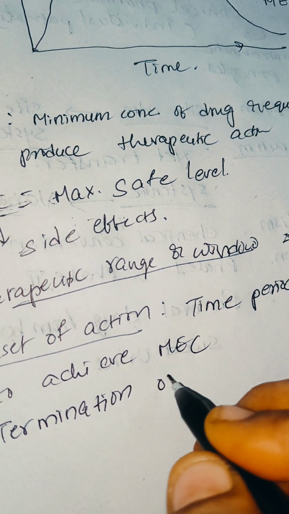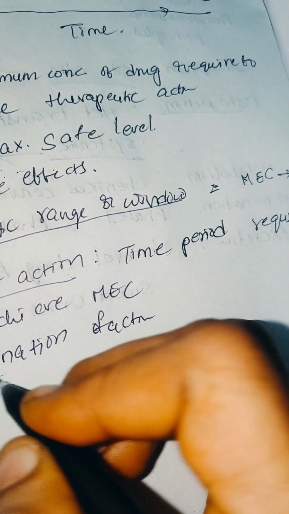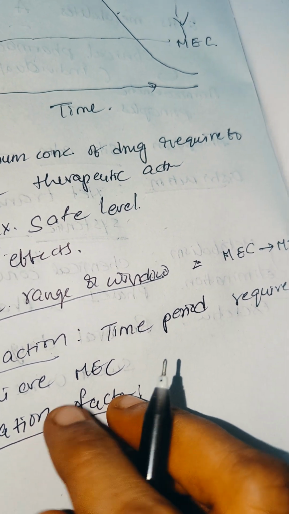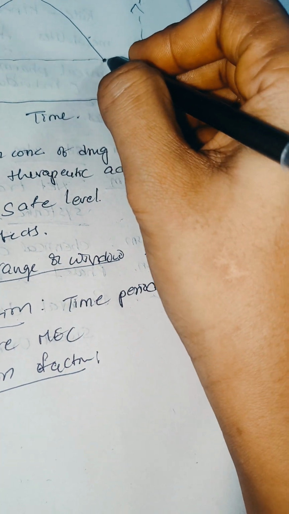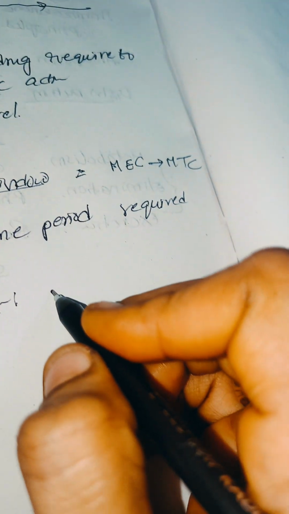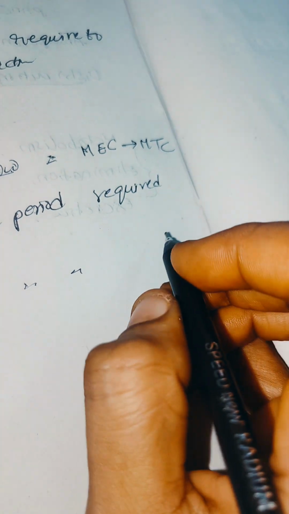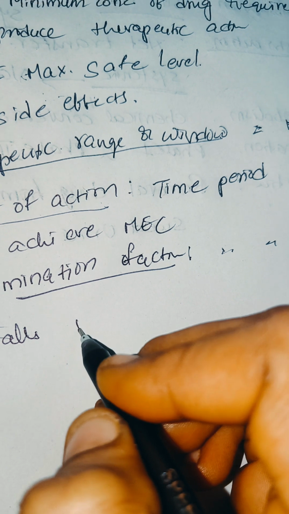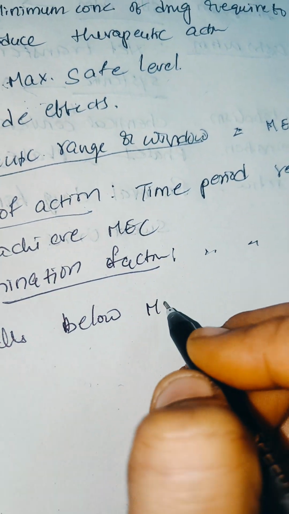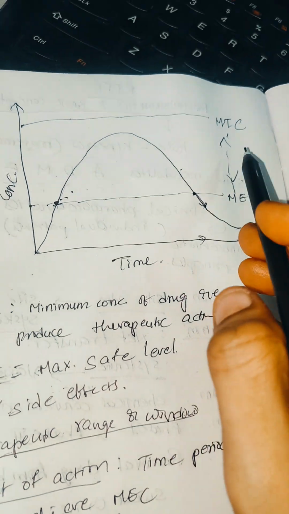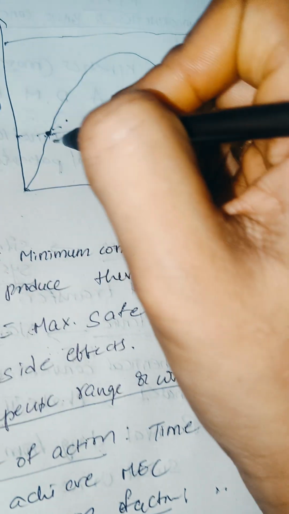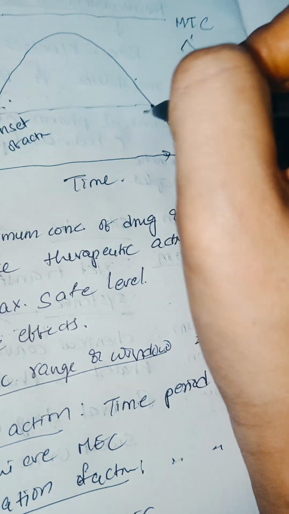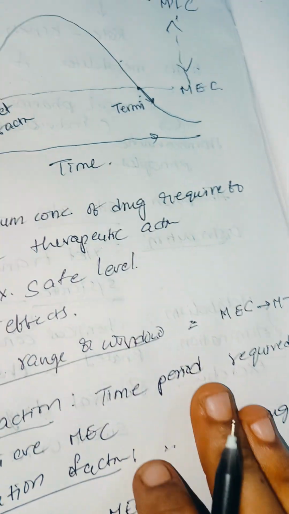It is the time period after which the drug level falls below the minimum effective concentration, MEC. So this is onset of action, and this is termination of action.